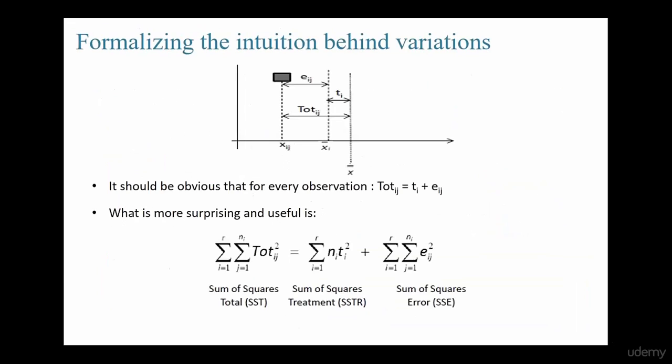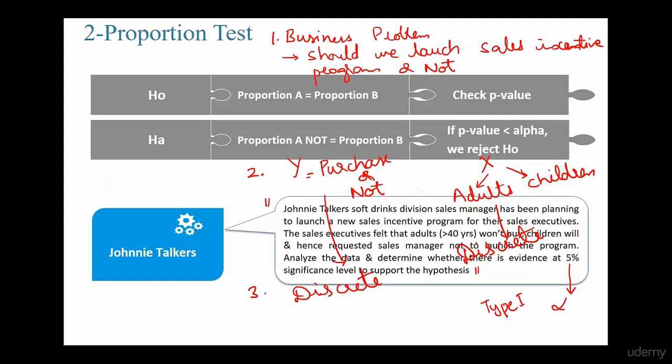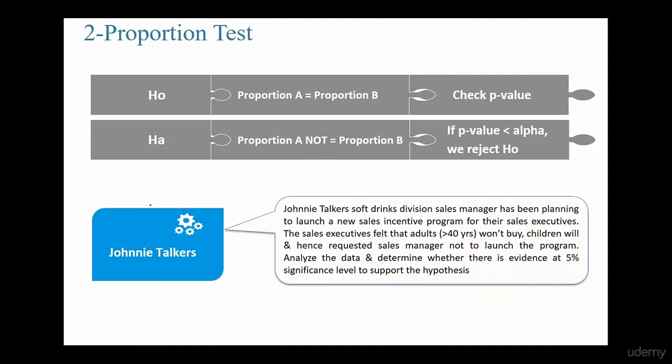So let me go to that case study and show you how to write the null and alternate hypothesis. Here we have the null hypothesis: proportion of adults equal to proportion of children. What does that mean?